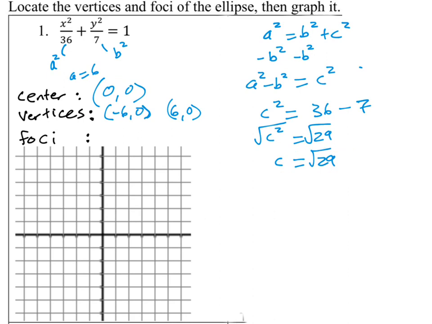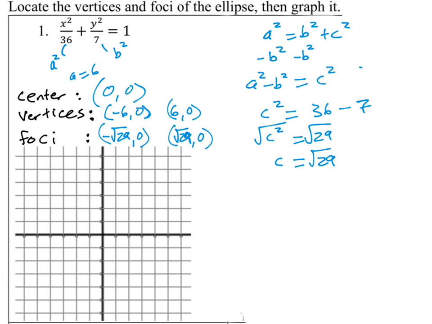Remember, the bigger number is under x, so it's a horizontal ellipse. So we subtract the square root of 29 to get negative square root of 29, 0, and the other one is adding square root of 29 to the x coordinate of our center.